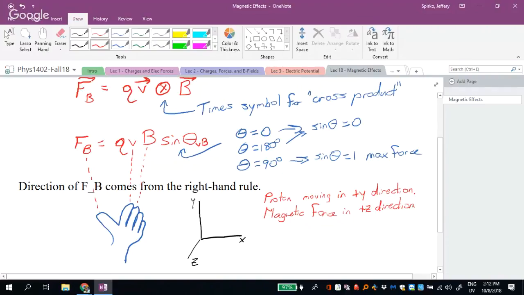And let's say we want to produce a magnetic force in the plus z direction. So we must be asking about the direction of the third vector, the B. So the magnetic force is the F sub B. The magnetic field is the B.